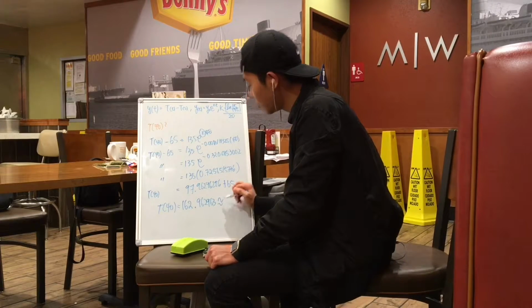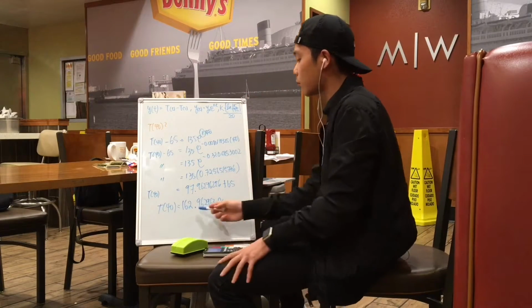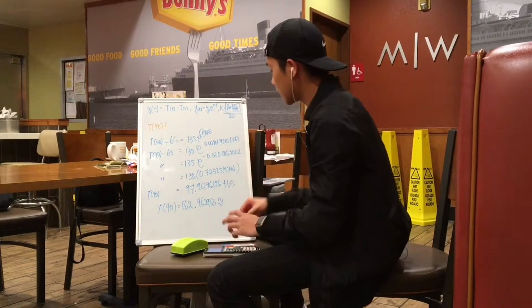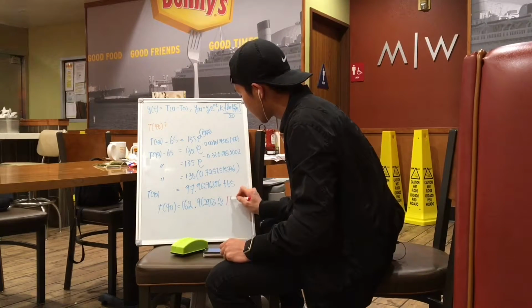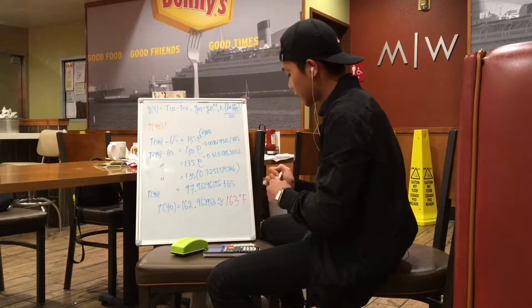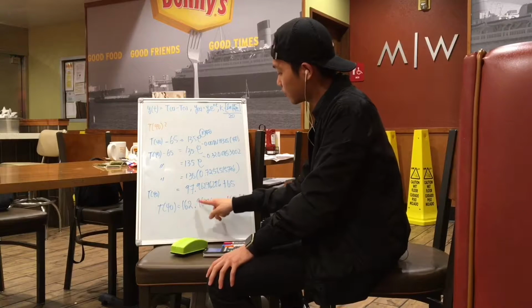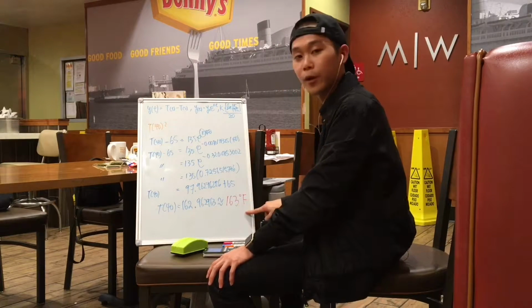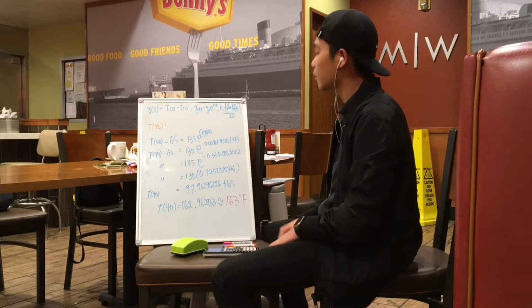But we don't use decimal points when we're using temperature, so we read it as 163 Fahrenheit. I'm going to round it, bringing the 9 up, so it's a nice number, 163 degrees Fahrenheit.